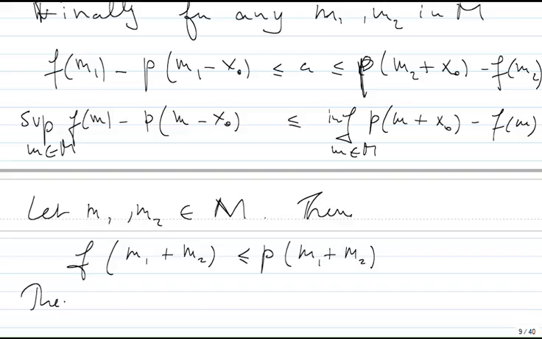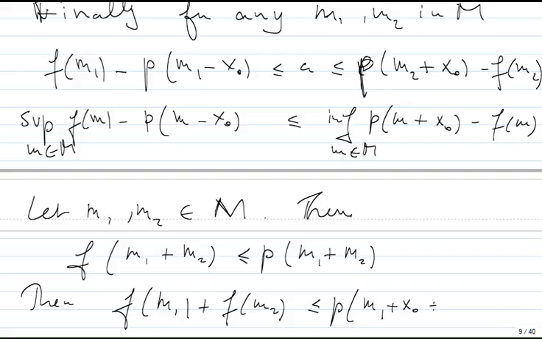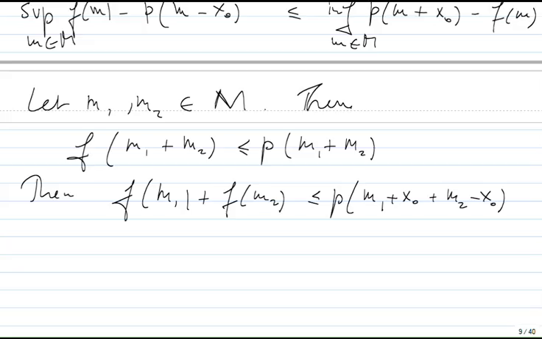Then f of m1 plus f of m2. This is less or equal, and now we are going to use that this is equal to m1 plus x0 plus m2 minus x0. Okay? And then we use the subadditivity of p.